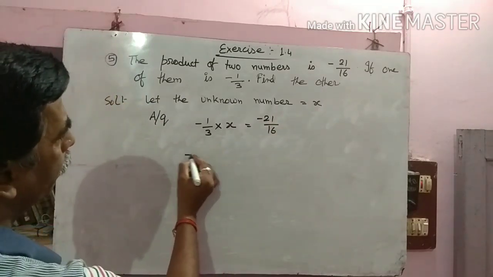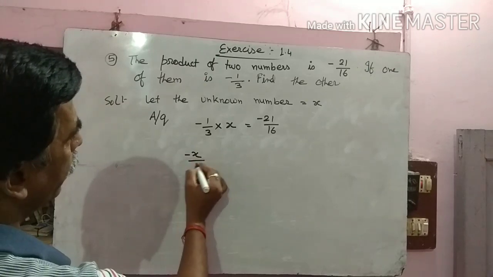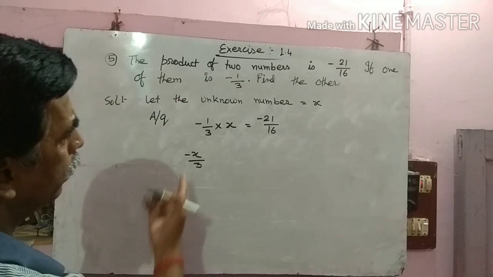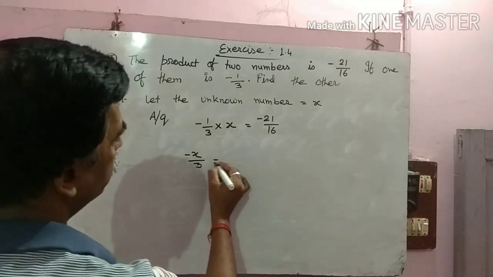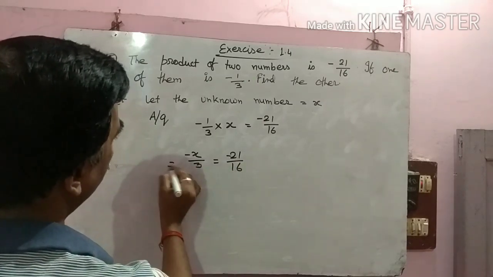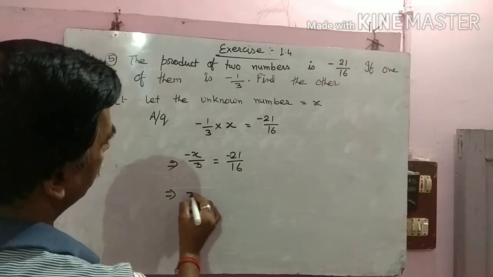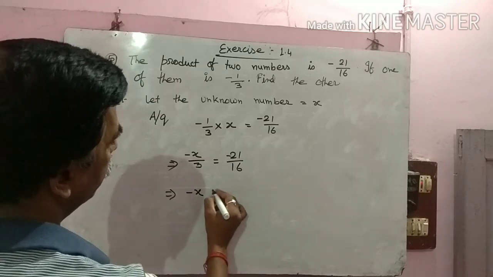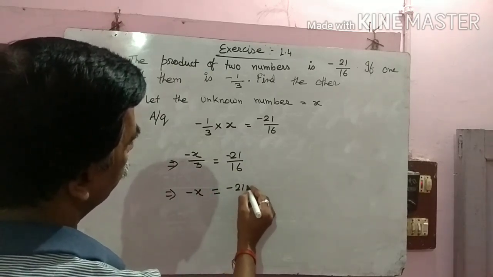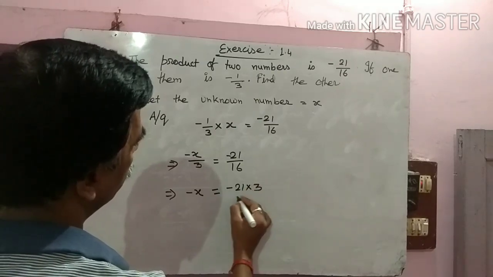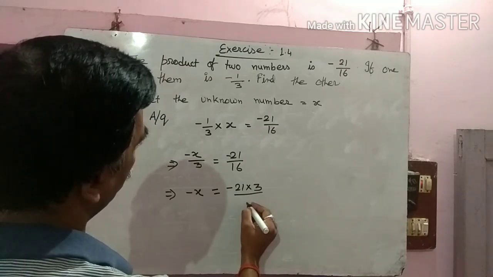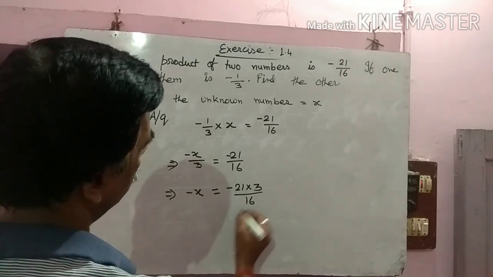So it will be minus x by 3. X into minus 1 becomes minus x, is equal to minus 21 by 16. Minus x is equal to minus 21 into 3 by 16.